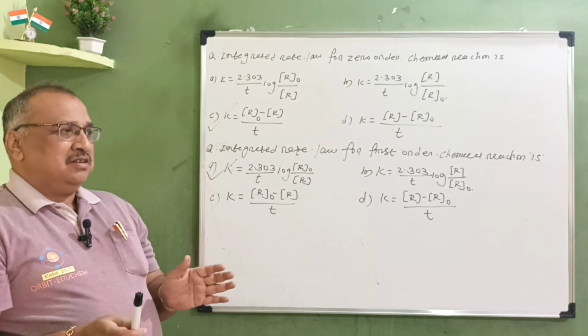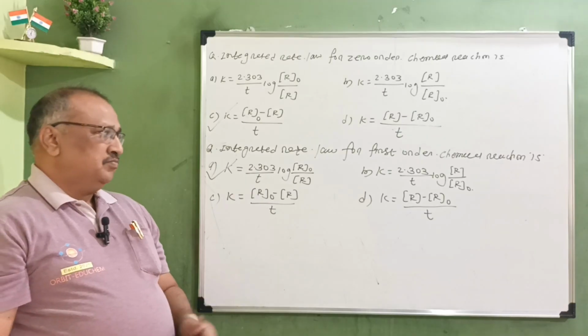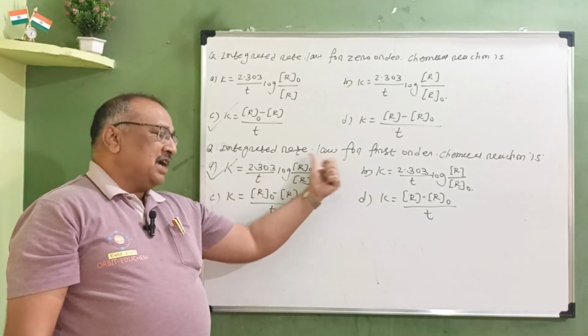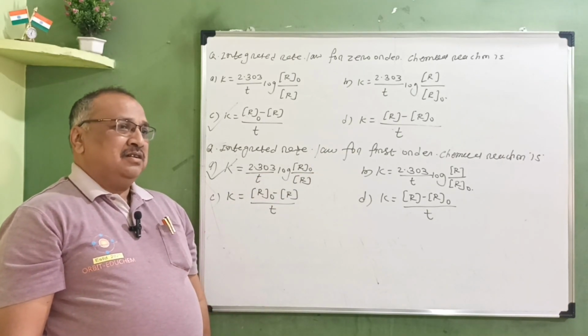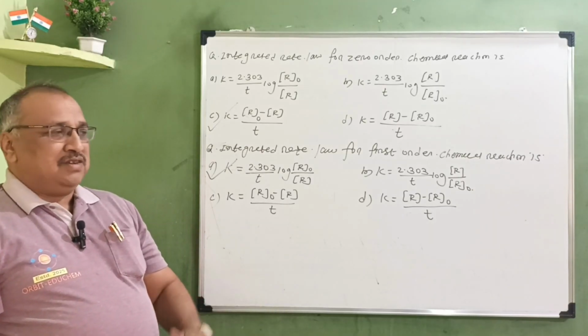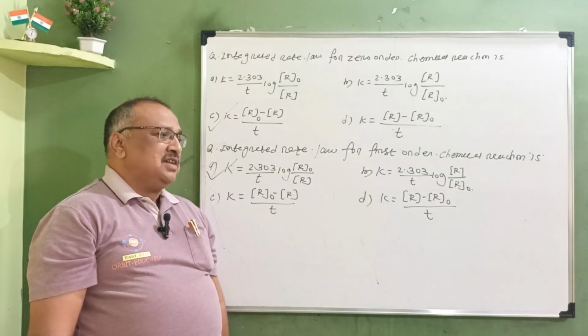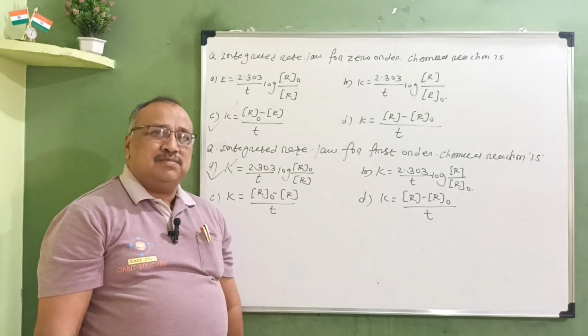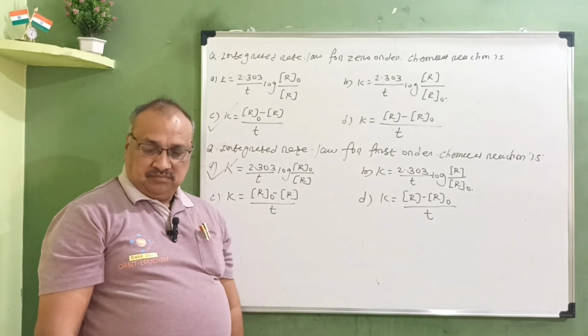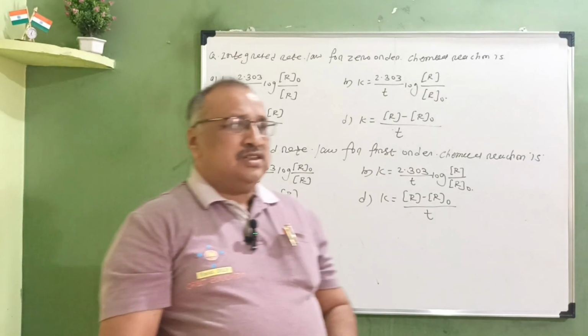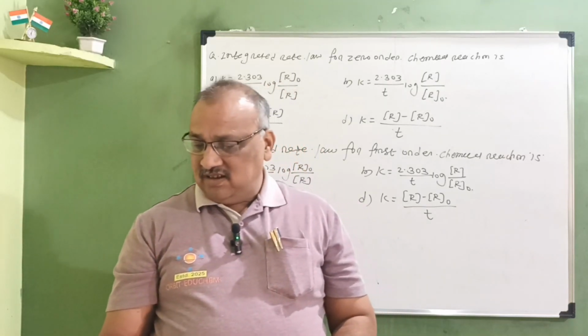Convert that form into such a form and identify the type of reaction, whether that given integrated rate law is for zero order chemical reaction or first order chemical reaction. Remaining part of this unit will be discussed in the next lecture.